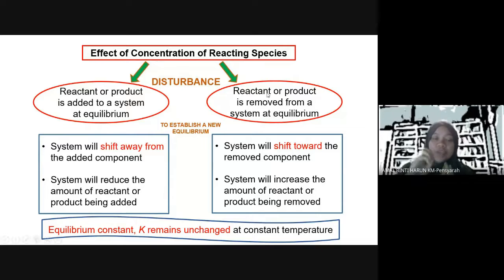However, if we change the concentration of the reactant or product, or we remove the reactant or product, the value of the constant K remains unchanged. Okay, the value of K for each reaction will be constant. The value of K only changes if you change the temperature.